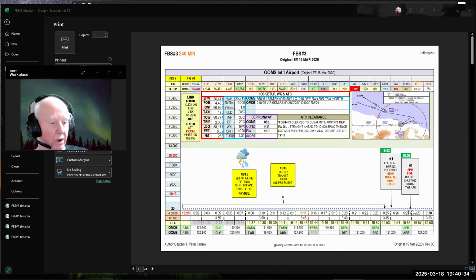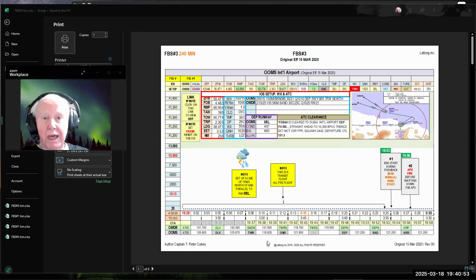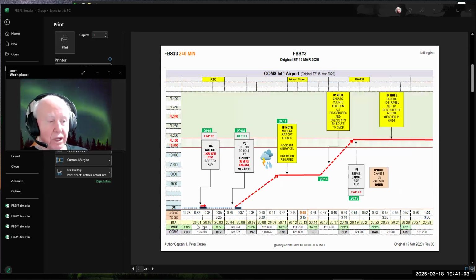Frequencies are at the bottom, and everything needed as far as weights for the aircraft off of the flight plan for this particular session. And there's reference to the flight plan in other maneuvers on the iPad. So let's just have a look.